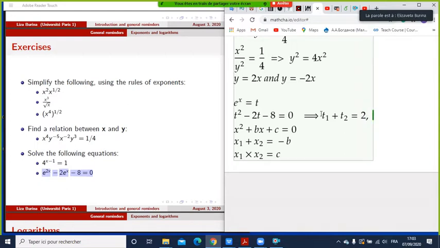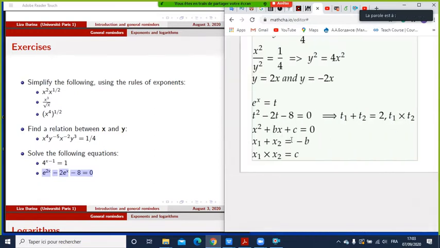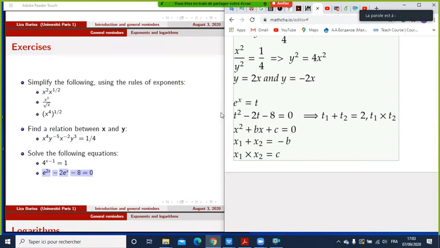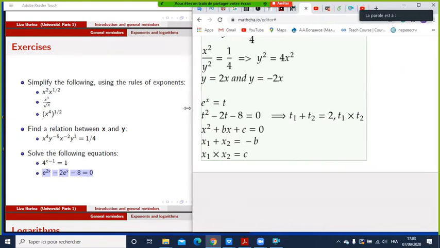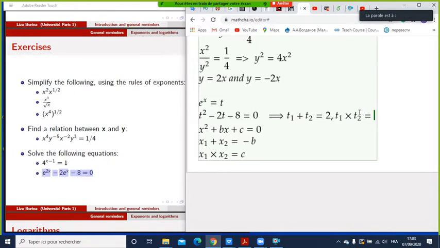At the same time, t1 times t2 is going to be equal to minus 8.